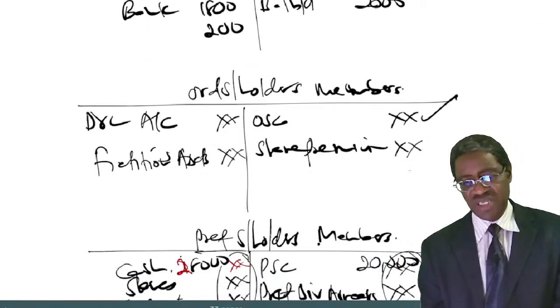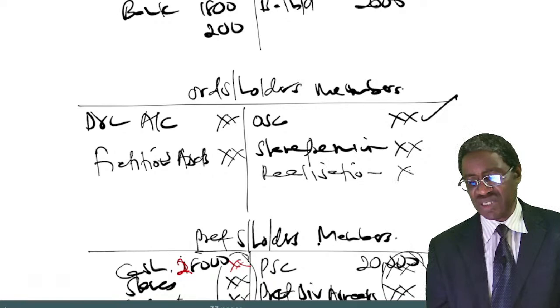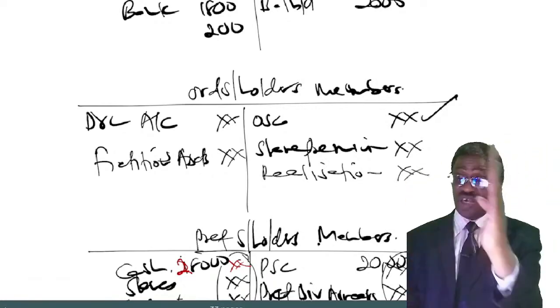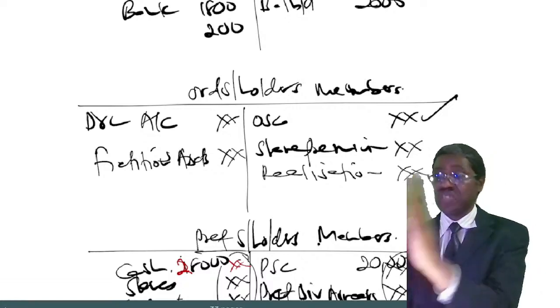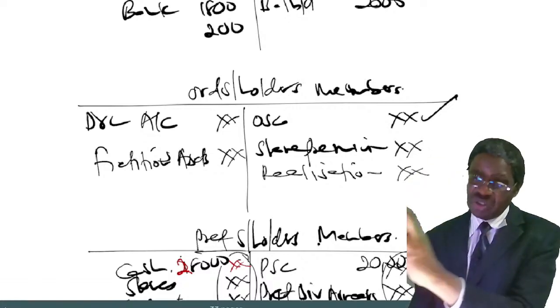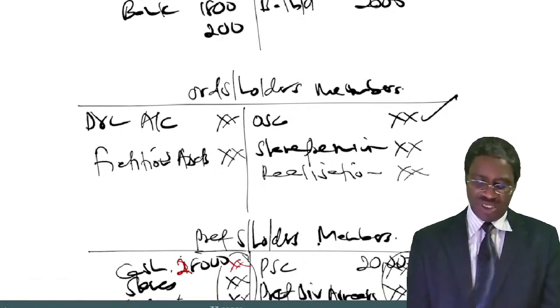Give them their gain. Of course, if it's a loss, you will have credited the realization because you are giving out more on the debit than what you are receiving. Then it means you are selling your business at a loss. Credit realization, debit the members. That's our step number 14.